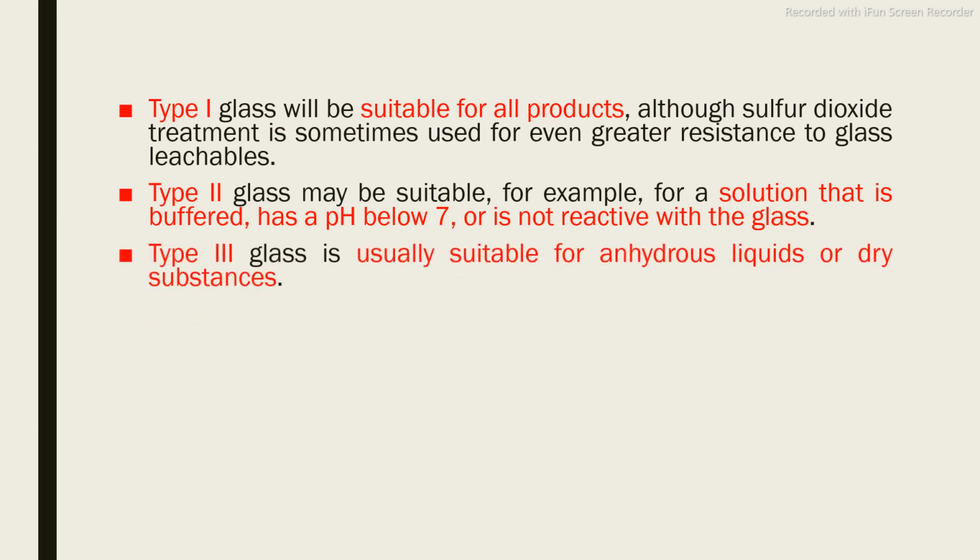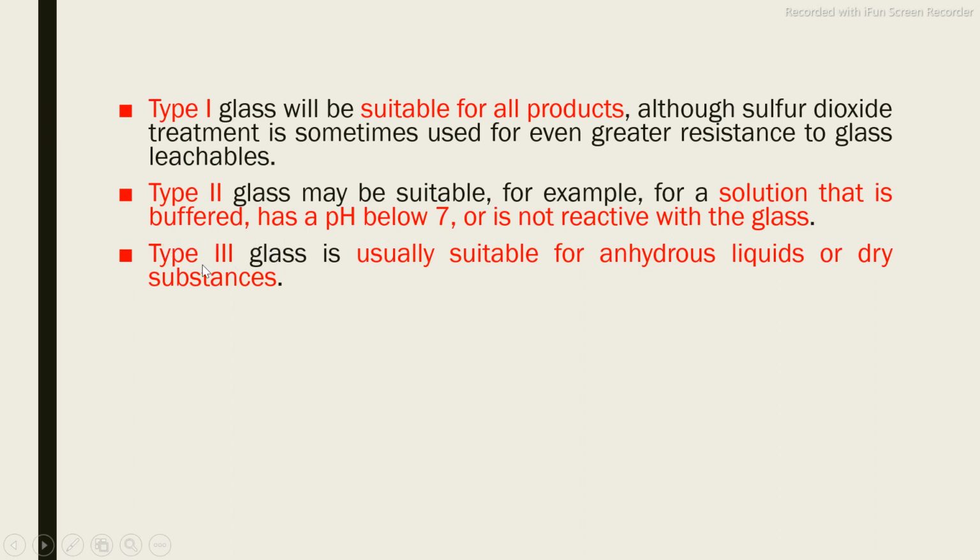And type 3 glass is usually for anhydrous liquids or dry substances. Anhydrous liquid means there will be no presence of water. Oily preparations, oil based parenteral preparations. Why is it suitable for oil based parenteral preparations? Because type 3 glass is a soda lime glass and there is no treatment given to the glass.